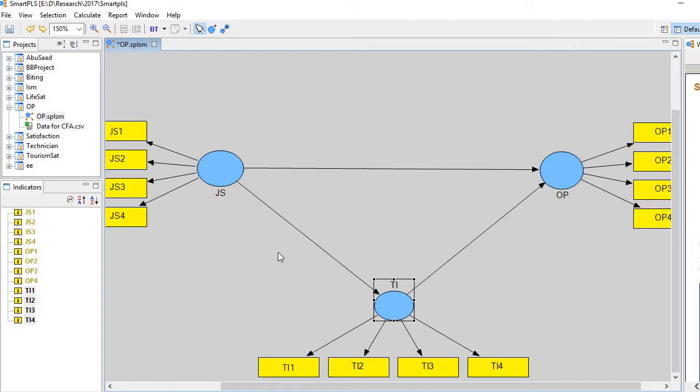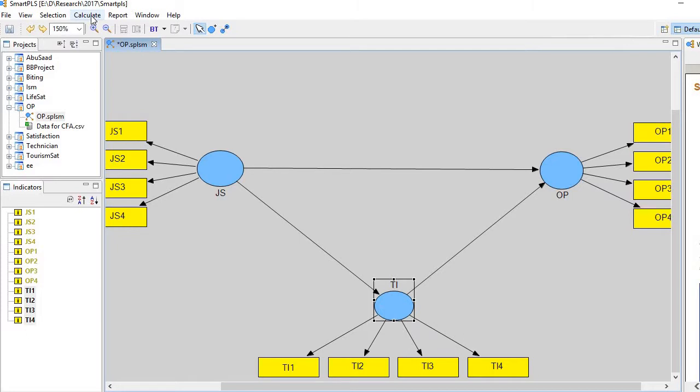So here is my model in Smartpls2. Job satisfaction is the independent variable, performance is the dependent variable, and turnover intention is the mediator. Right?